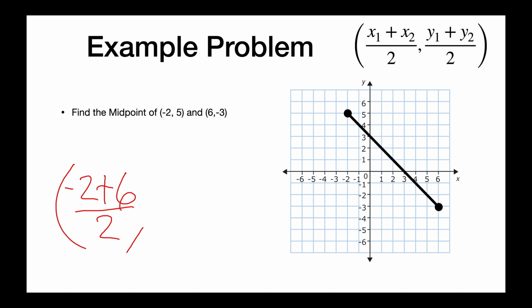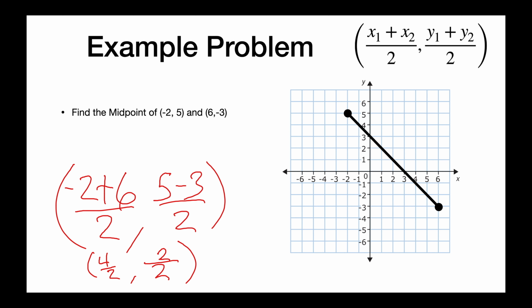And then y1, 5, plus y2, negative 3. So I'm going to write minus 3, divided by 2. This ends up being 4 over 2 and 2 over 2, which makes our point be at 2, 1. And that's our midpoint.